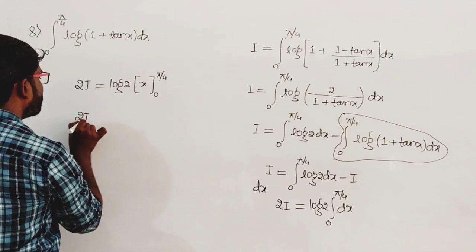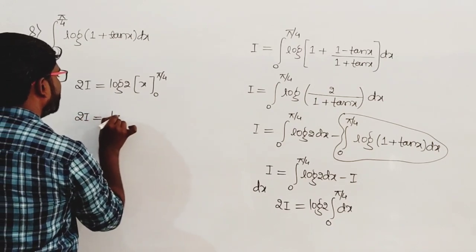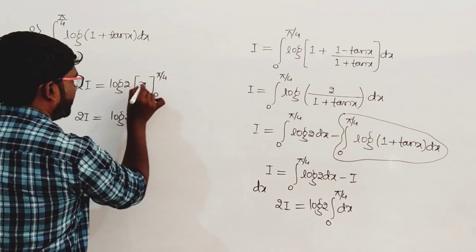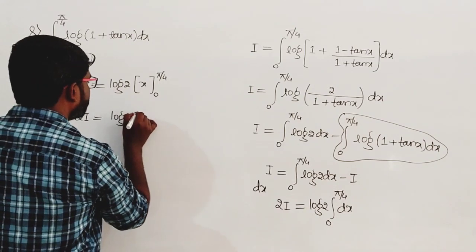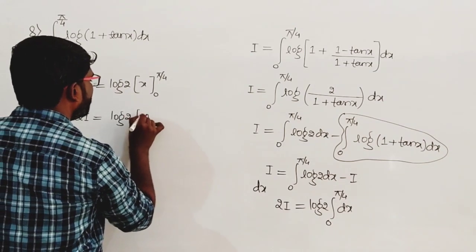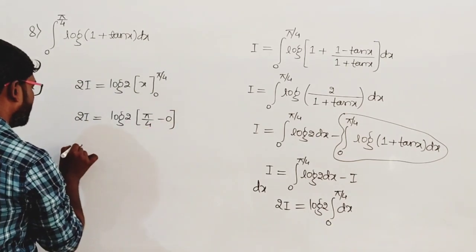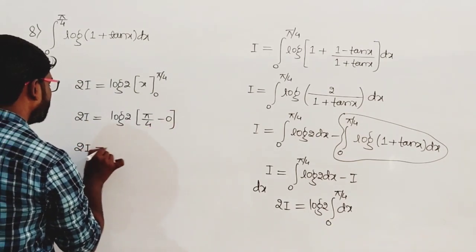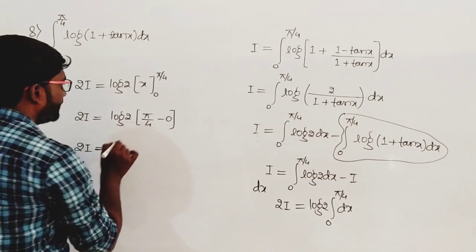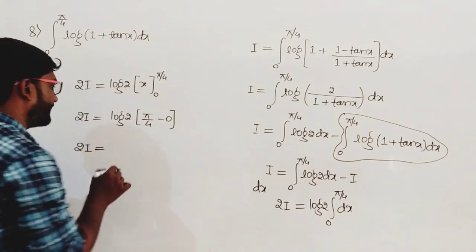Then 2I is equal to log 2. Then upper limit minus the lower limit. It is pi by 4 minus 0. Then 2I is equal to, what do we get? Overall pi by 4 minus 0, it is pi by 4.